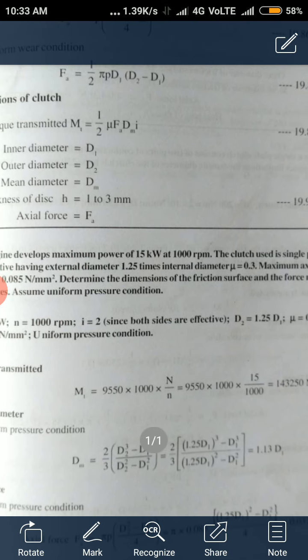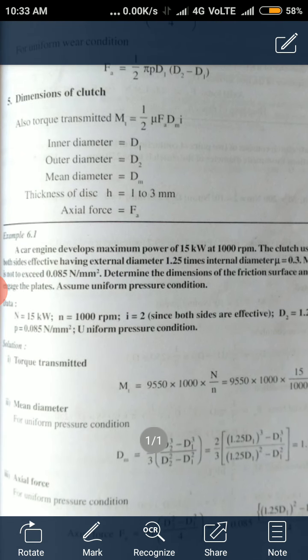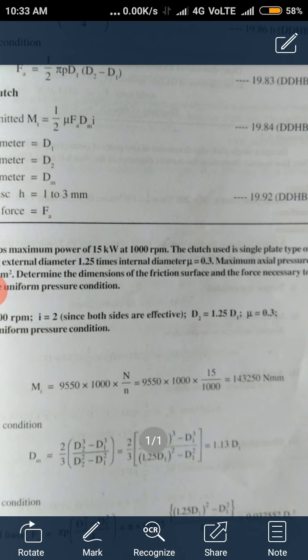So the clutch plate is single plate and both sides active means I equals 2, with external diameter D2 equal to 1.25 D1 and mu equals 0.3.